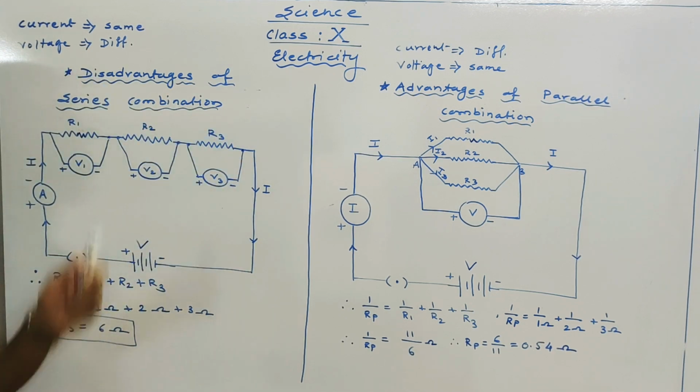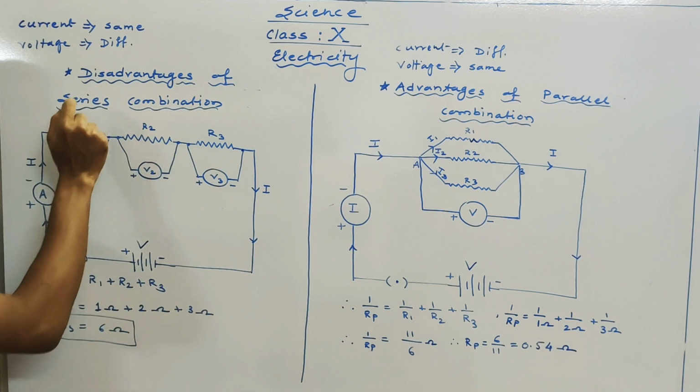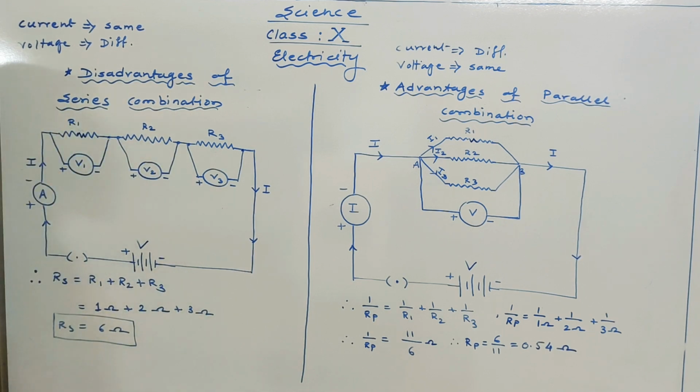So in the series combination, the disadvantage is we don't have a separate switch for the separate appliances. If you switch on the circuit, all the appliances start working. If you switch off the circuit, all the appliances stop working. So you cannot turn them on or off separately. In which combination? Series combination. So this is the wastage of electrical energy because all of them work together.